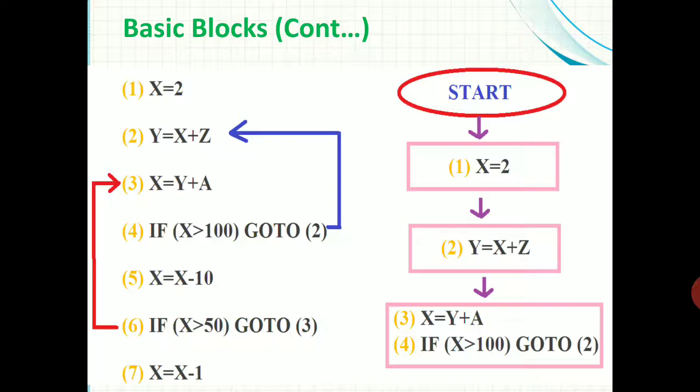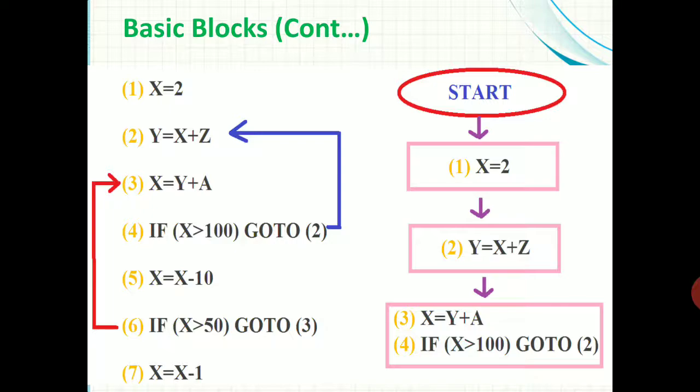Then we come to the fifth statement. It is the next instruction, so it will be the first statement of another block. Then we check whether it is possible to combine 5 and 6 into one group. Then x equal to x minus 1, return is the first statement of a block.